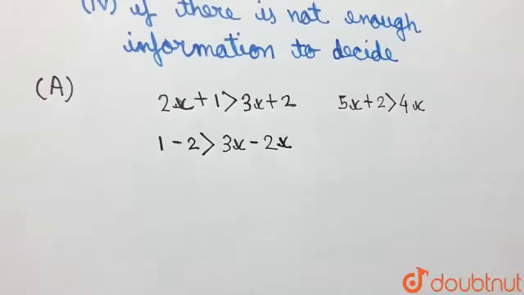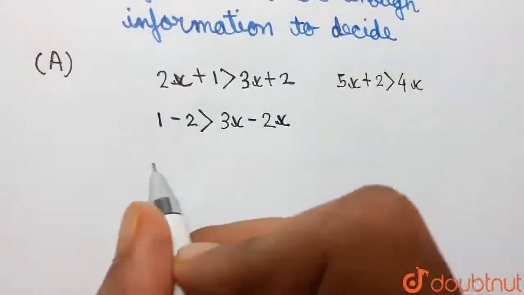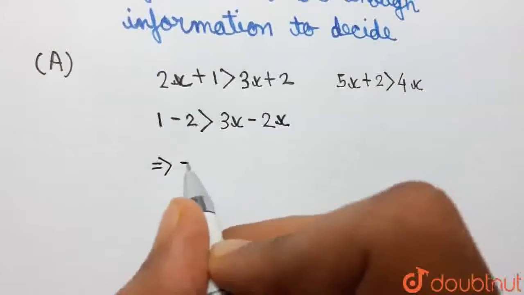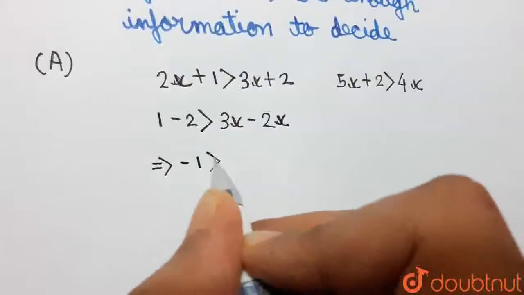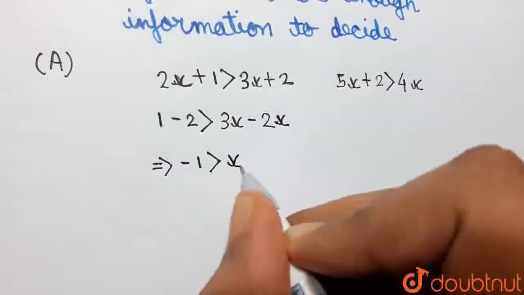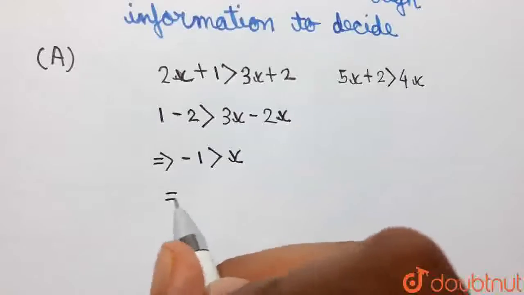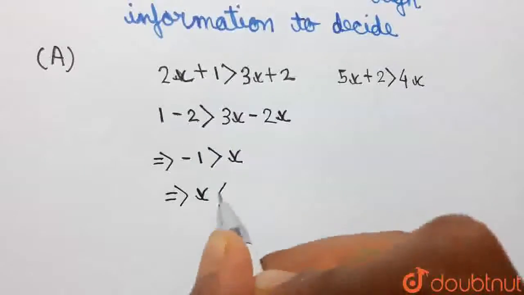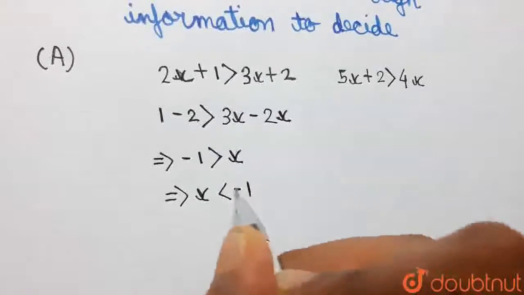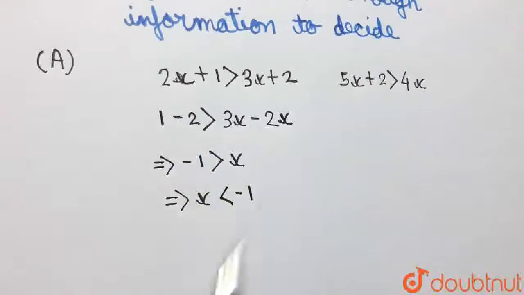Okay, and further simplifying, 1 minus 2 can be written as minus of 1, hence we have minus of 1 greater than, the difference of 3x and 2x is just x. So this inequation, that is minus 1 greater than x, can also be written as x less than minus 1. So from the first inequation we have concluded that x will be less than minus 1.